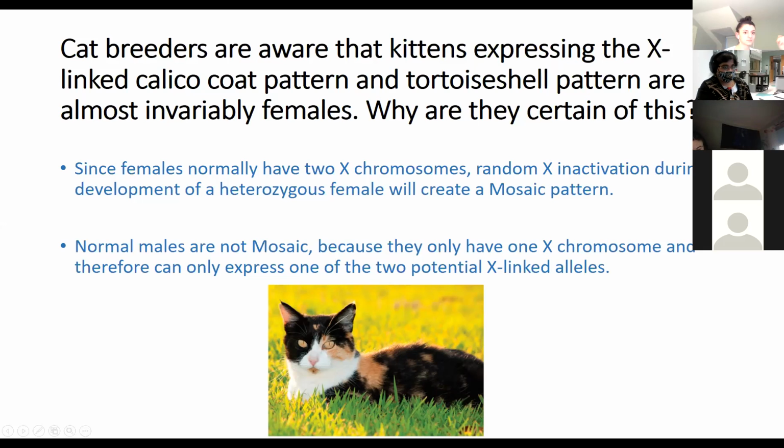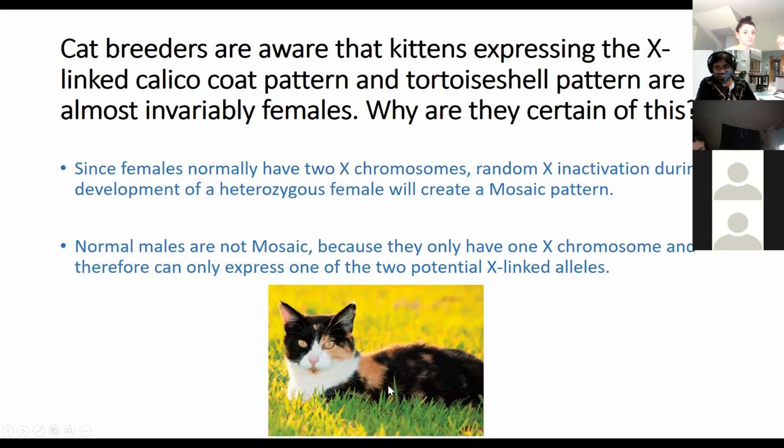My sister has a male calico. Ooh. Does that mean he has two X chromosomes and a Y? I think it might have to do with the PAR region, the pseudo-autosomal region.